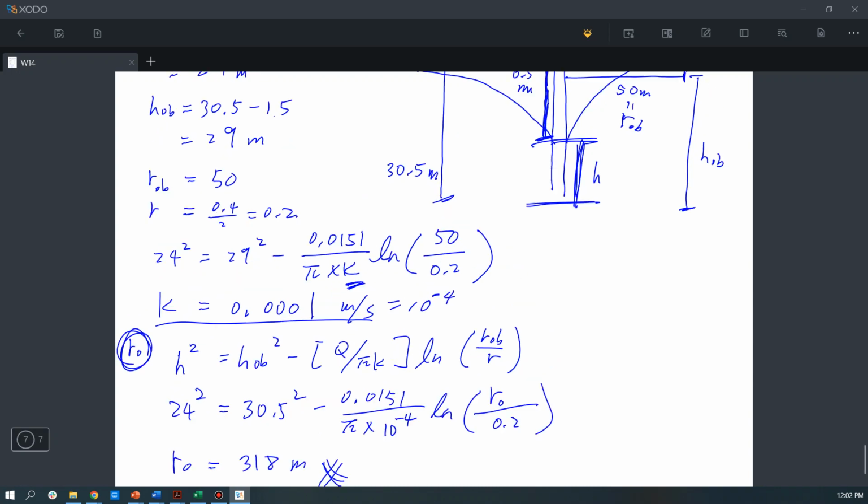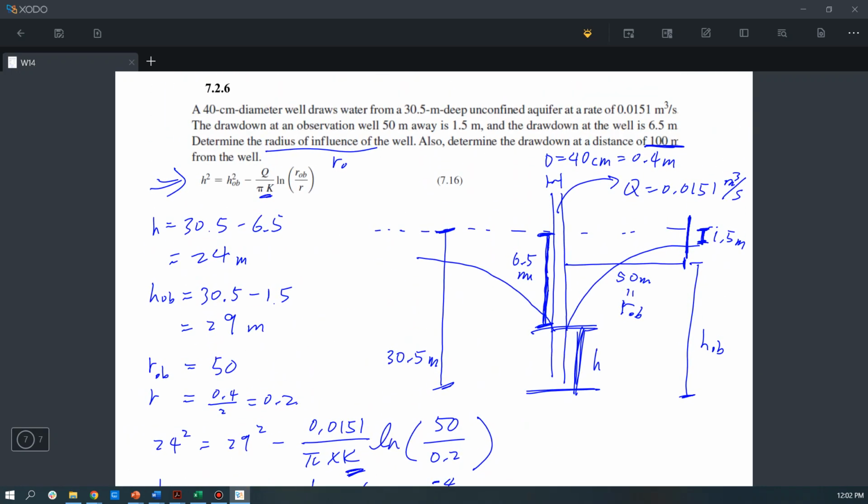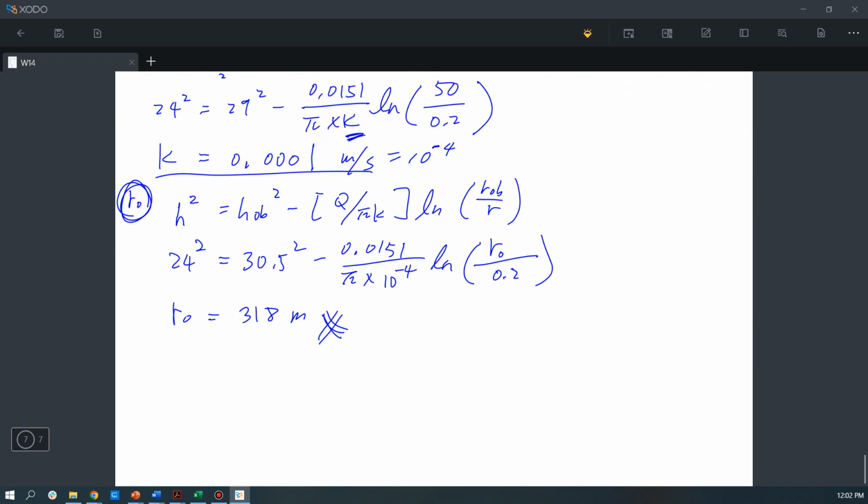Okay, and we also need to calculate a drawdown at the distance of 100 meter. So again, we can apply this equation one more time. So we have the same h, and now we want to solve at 100 meter. Okay, 24 squared.